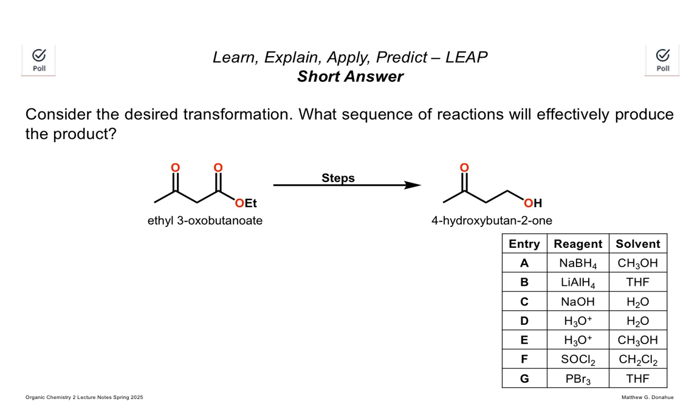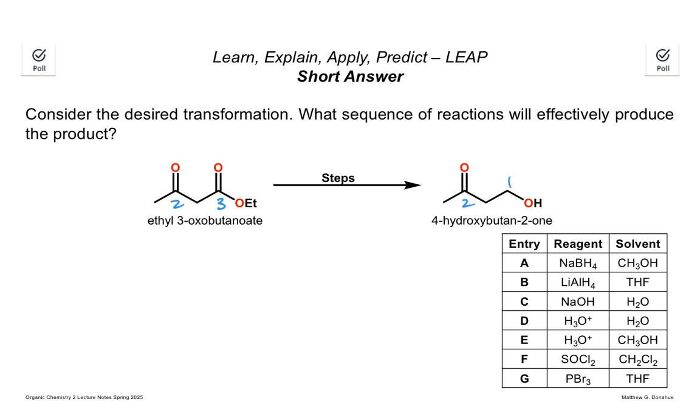So here's an example of that. We have this molecule ethyl 3-oxobutanoate. Let me just put in the oxidation state 3, 2, 2, and 1.